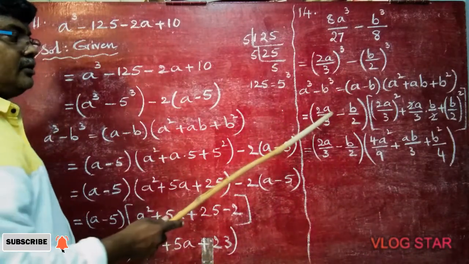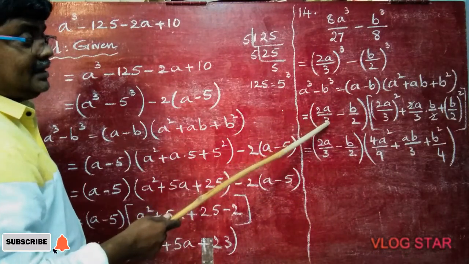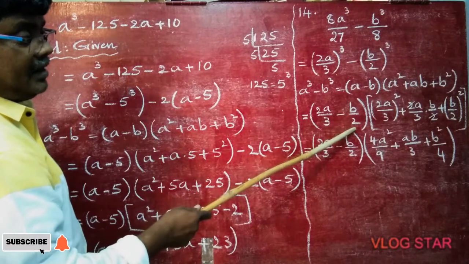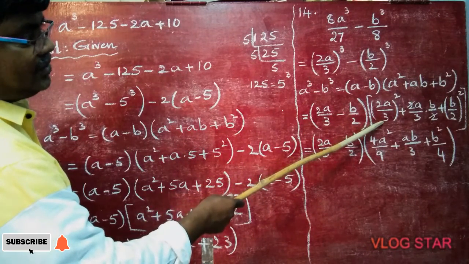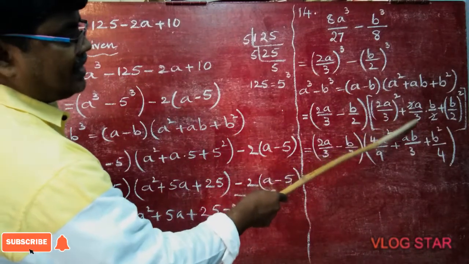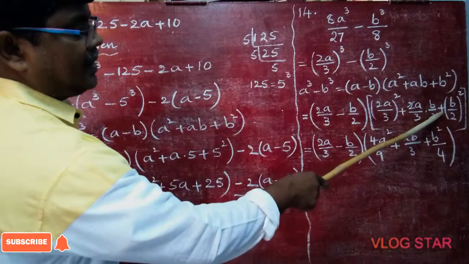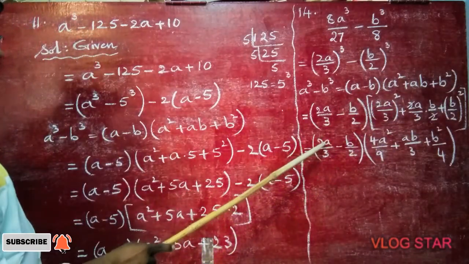Don't think like, I know, why to write? You have to mention that formula. 2a by 3 minus b by 2 into, in the place of a, what is that? 2a by 3. So 2a by 3 whole square plus 2a by 3 into b by 2 plus b by 2 whole square.